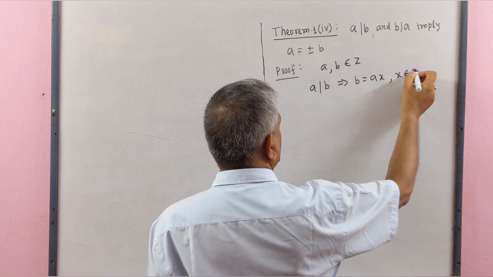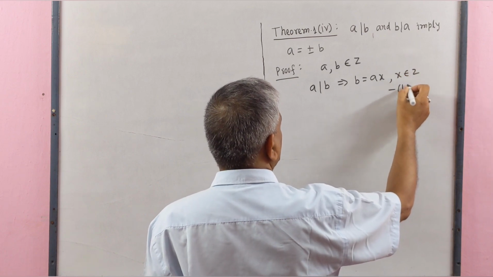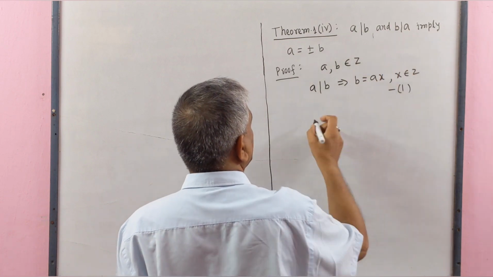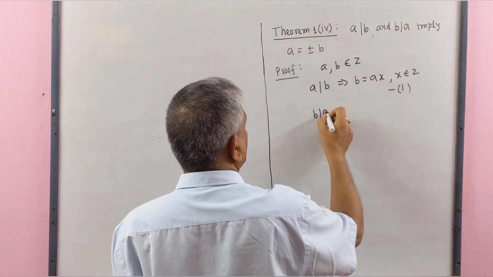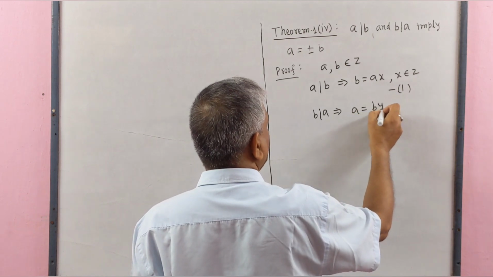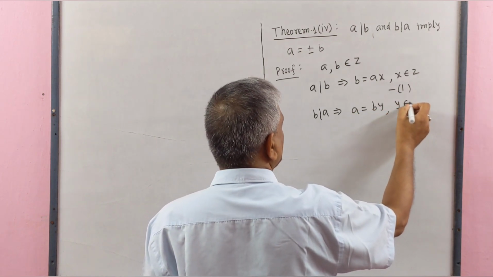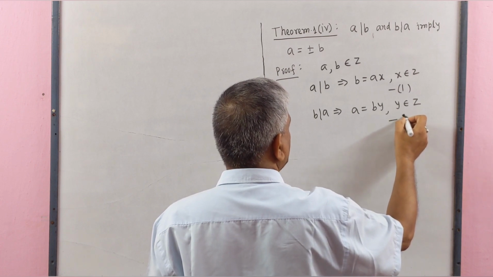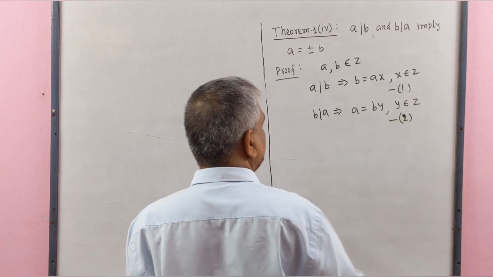X belongs to Z. This is number 1. Again, given that B divides A, implies that A equal to BY, Y belongs to Z. This is number 2, also from the definition of divisibility.